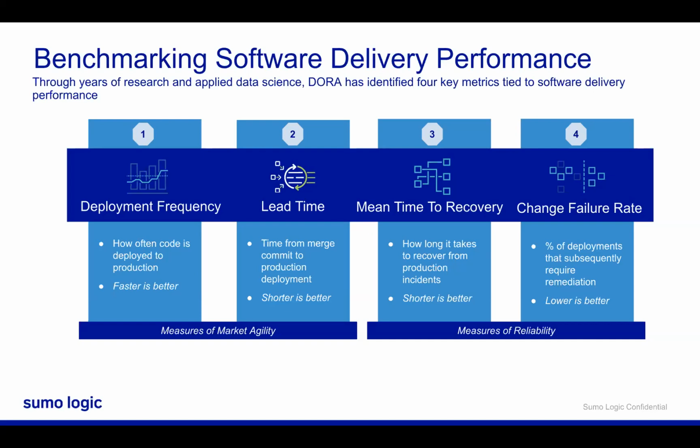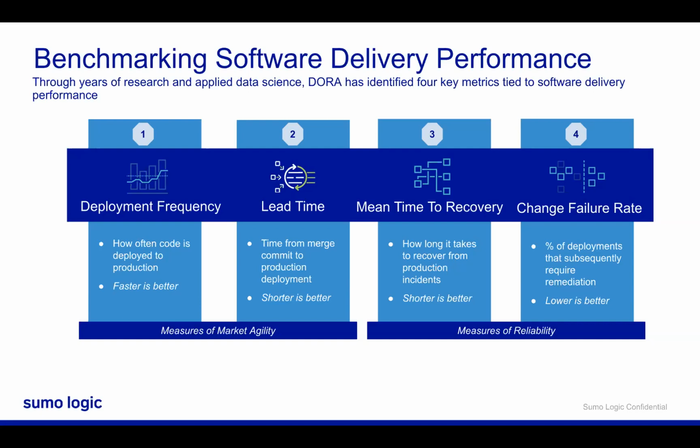And if you talk about the reliability side of it, the mean time to recovery, which is from any kind of issues or defects, how faster you can recover, how short a time it takes to recover from those issues, right? And here of course shorter is better. And change failure rate, as I saw in the previous slide as well, is the percentage of deployments that subsequently require remediation, right?